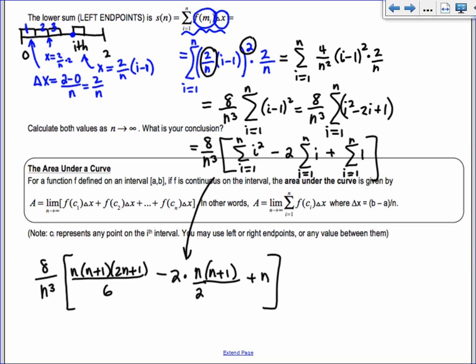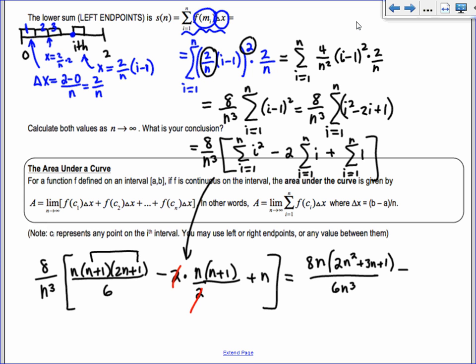You with me? I'm going to go ahead and distribute my 8 over n cubed to each one. Okay, so I'm going to have 8 n. I'm going to go ahead and FOIL these two out. So I'm going to have 2n squared plus 3n plus 1 all over 6n cubed minus, these twos will at least reduce out.